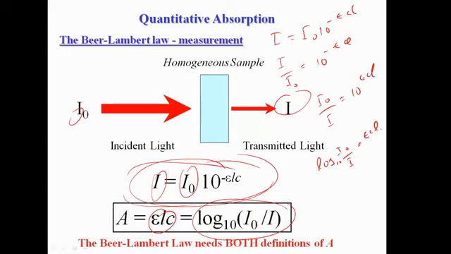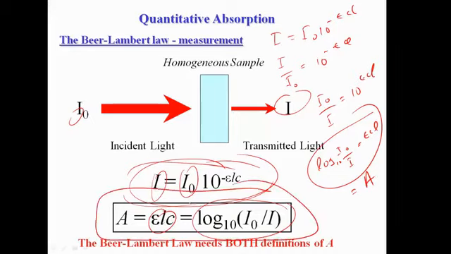I don't know how good your mathematics is, but that's just working from this equation here. So the log base 10 of I0 over I is equal to epsilon CL, and that's equal to A. That's where you get the relationship between the absorbance and the transmitted light: you have the incident light and the transmitted light.